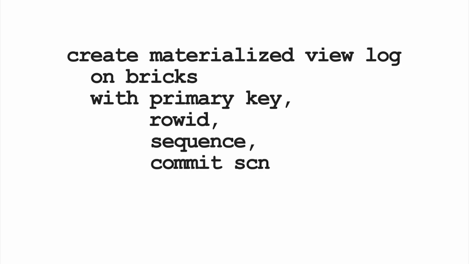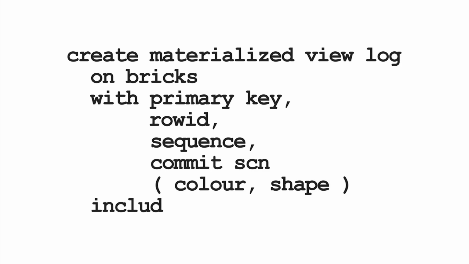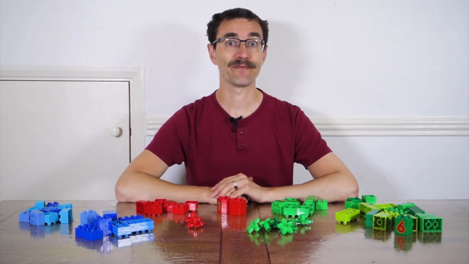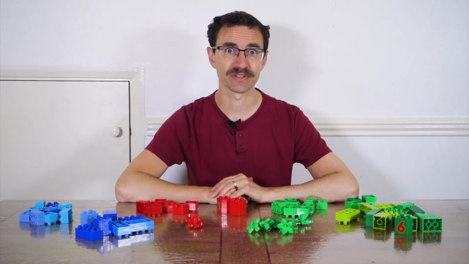To ensure maximum performance and refresh possibilities, you'll also want to include the primary key of the table, the row IDs, the sequence of changes, the commit SCN for the transactions, and a list of the columns you use in the materialized view. Finally, you also want to include the new values for these columns. With the log in place, we can now do fast refreshes which take microseconds.